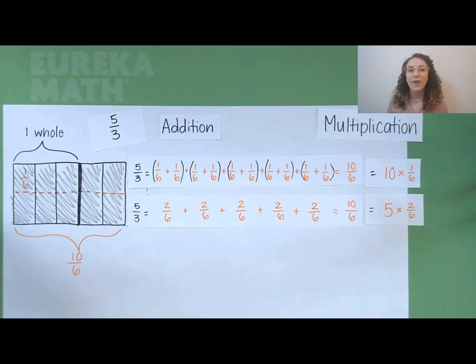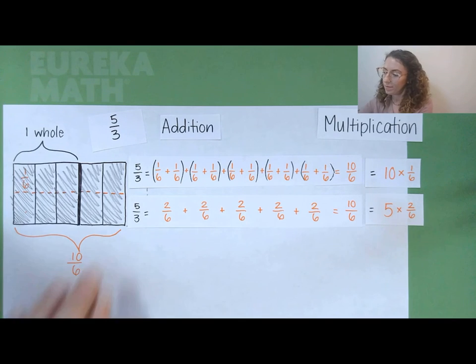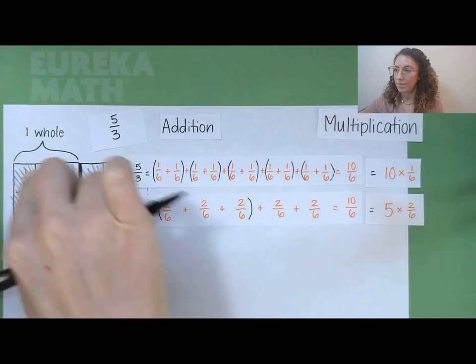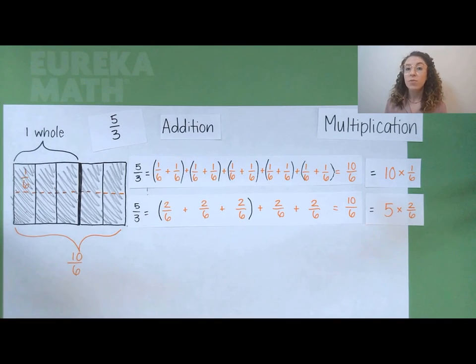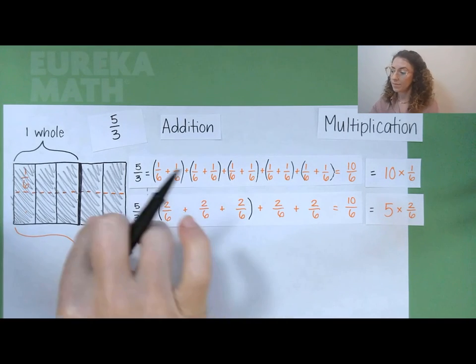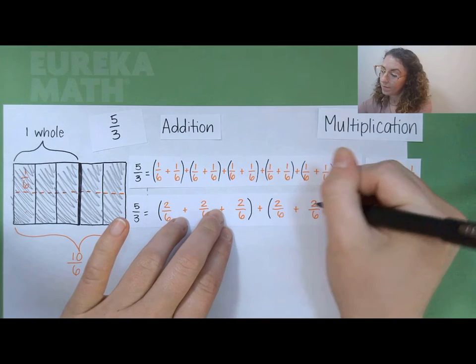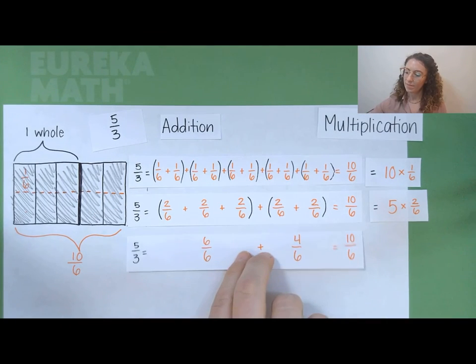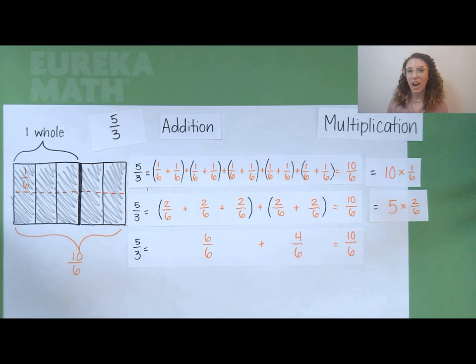You also might have thought about 6/6 in the whole plus 4/6 more. How would we show that as multiplication?